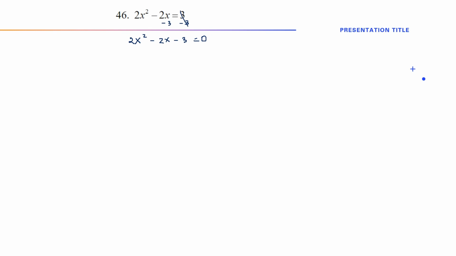We have 2 times negative 3 is negative 6, and we have to find two numbers with the product negative 6 and the sum negative 2.